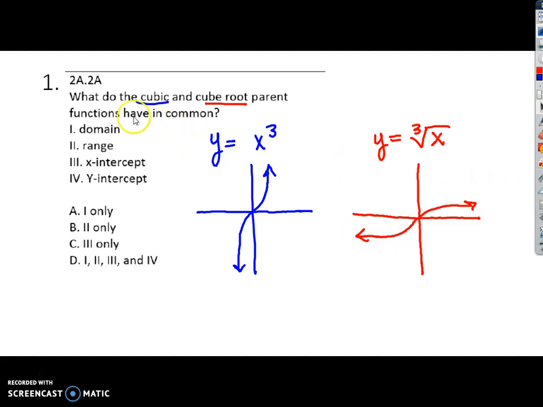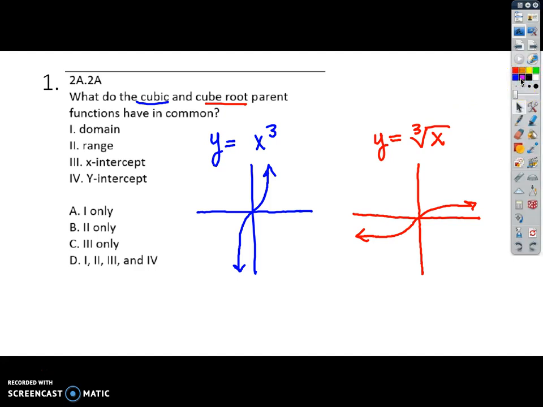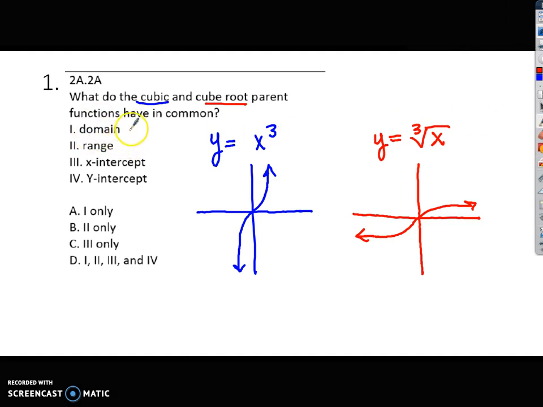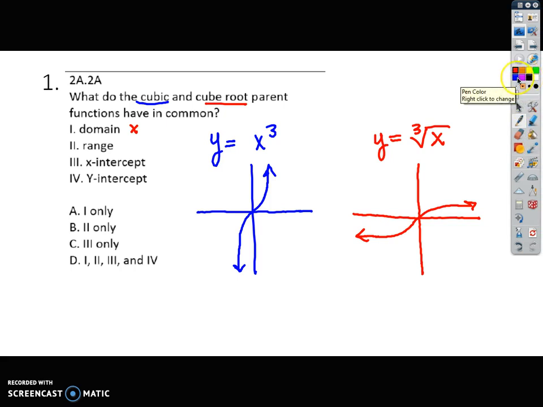So what we're going to see is what they have in common in respect to domain, range, x-intercept and y-intercept. We're going to have to identify these elements for each one of these parent functions. So let's start with the domain. What is the definition of domain? The domain is all the x's that are present in my function.